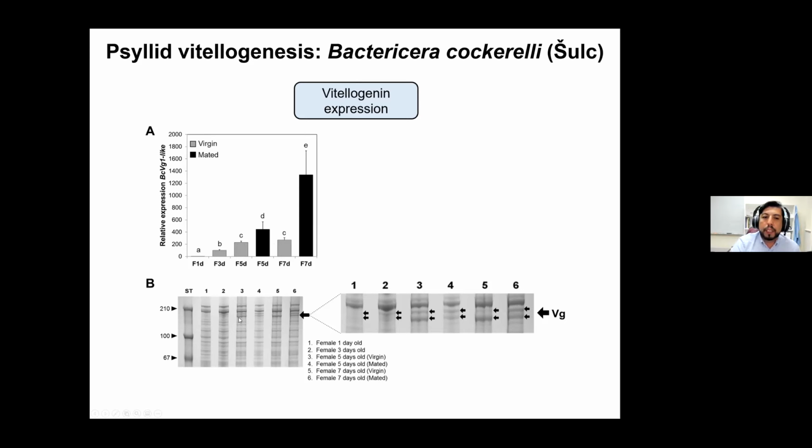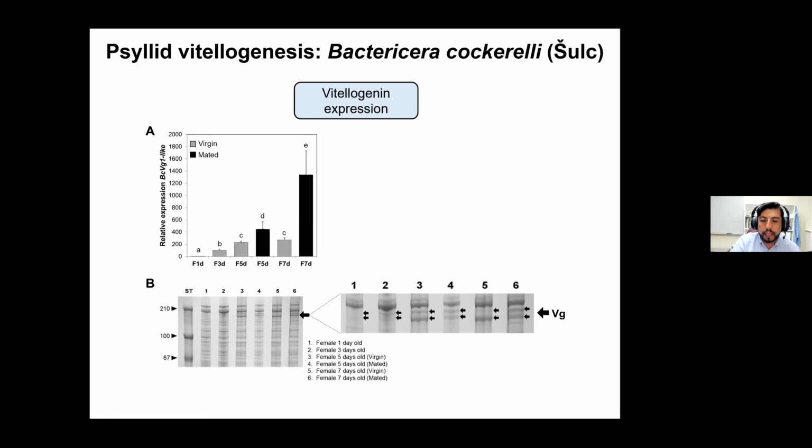Down here in panel B is an SDS gel in which we extracted the protein from 10 insects and, using 20 micrograms of protein, analyzed the abundance. We knew by informatics that this protein should be near 150 to 160 kilodaltons. Visually, we found that one of these bands increased with age and also with mating stage.